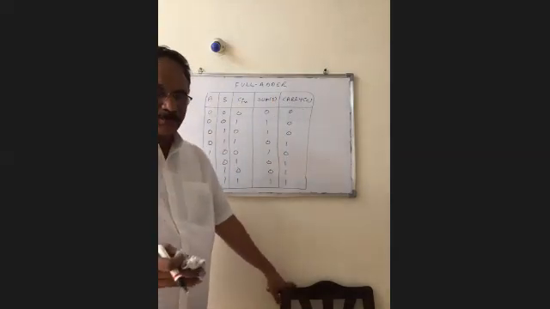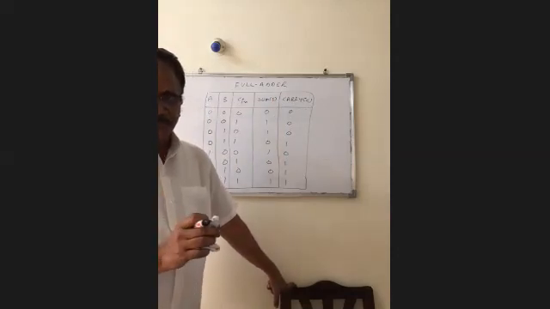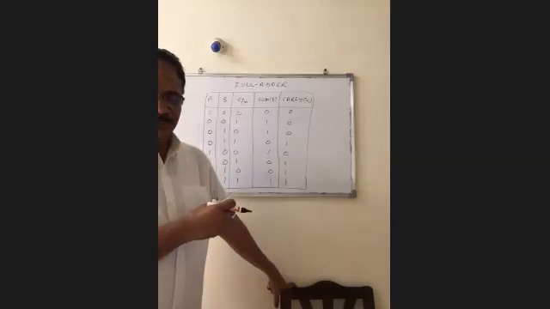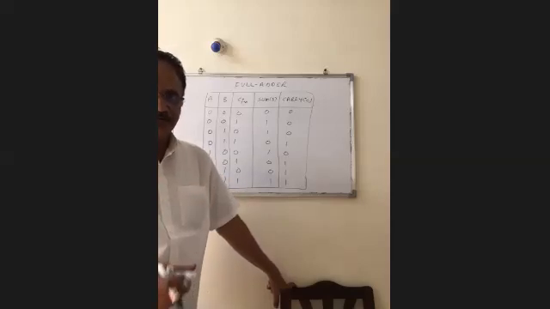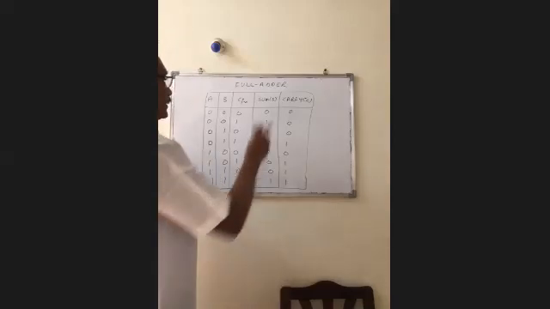In the case of combinational circuits, depending upon the function of the circuit, first you have to draw the function table. Next you have to write the output expressions. What is the sum output expression?